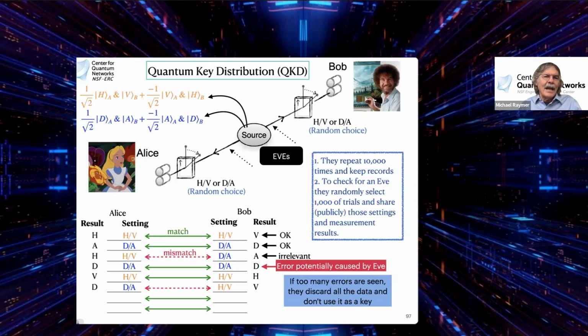And that very tiny error is not going to really hurt Alice and Bob significantly. And you can squeeze it even more. The longer the data set is, the more you can squeeze out the errors. So this is called classical error correction. And it's really a separate issue from the quantum case. Okay, so there's a lot of classical computer science that goes hand in hand with the quantum key distribution.